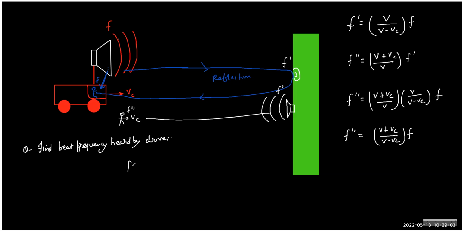So the definition of the beat frequency is how much? F double dash minus f, isn't it? You can take modulus, but we are taking the positive value.